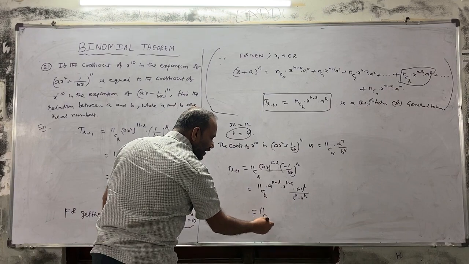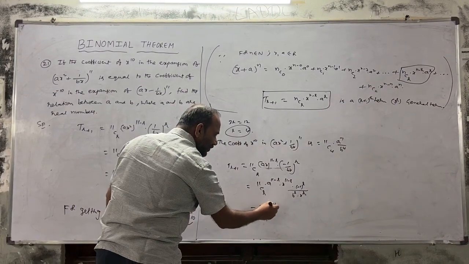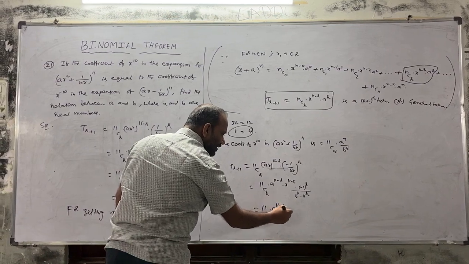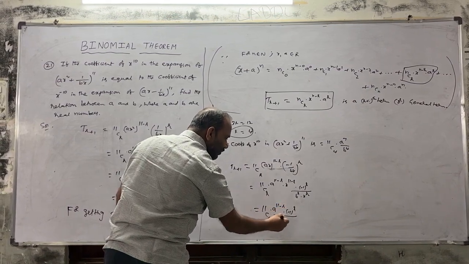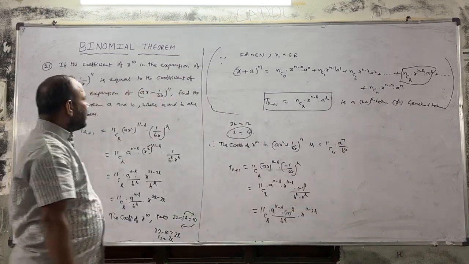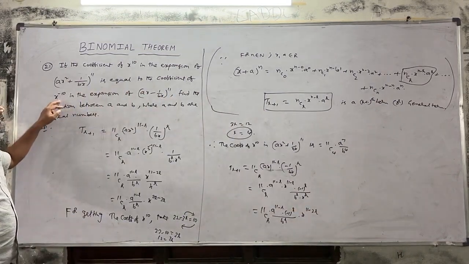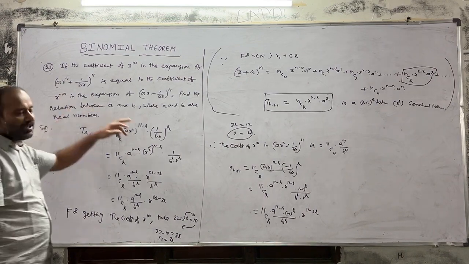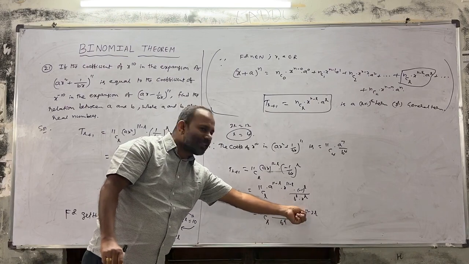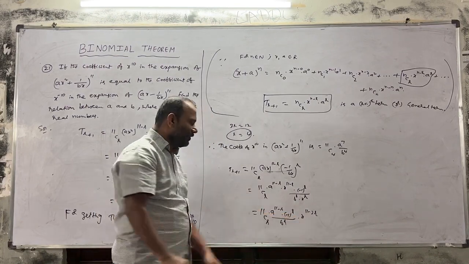Write the constant before the variable factors, like a power 11 minus r into minus 1 power r divided by b power r, into x power 11 minus 2r. But we need the coefficient of x power minus 10. For getting the coefficient of x power minus 10 in this binomial expansion, equate the x power to minus 10.